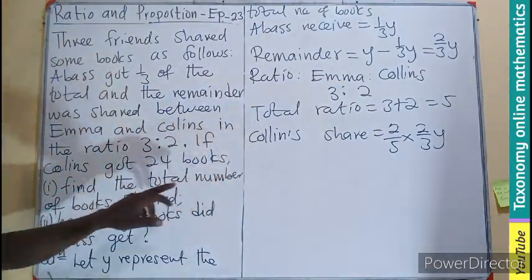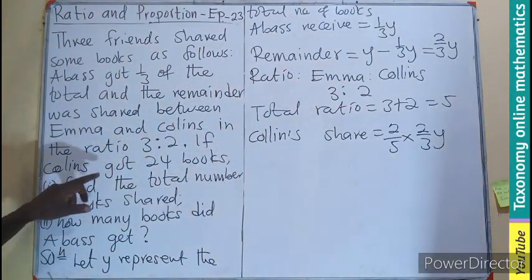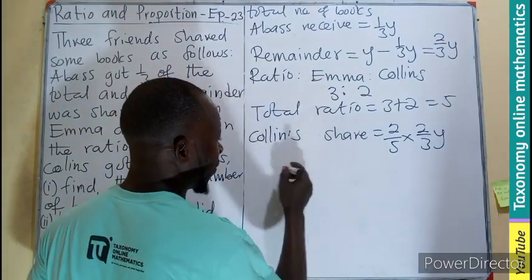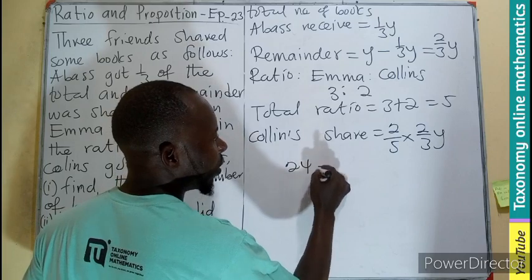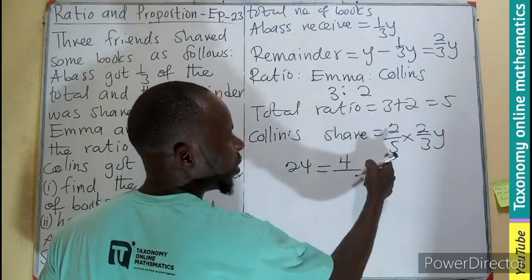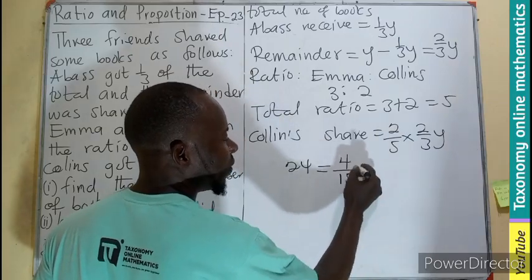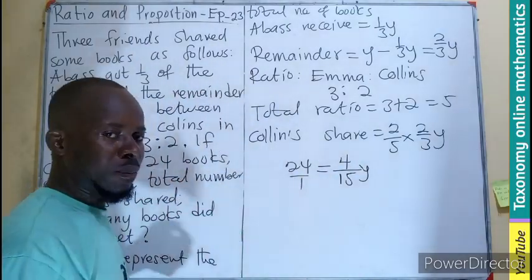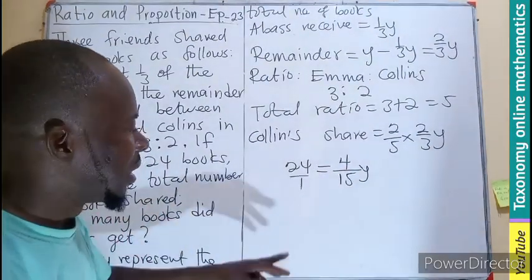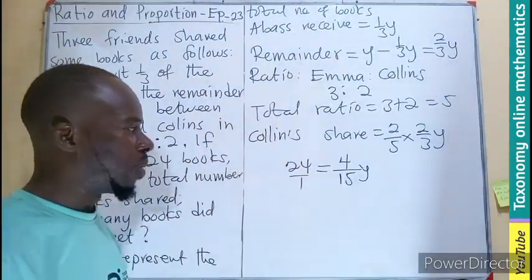Collins' share is given as 24, so in place of this we put 24 equals 2 times 2, which is 4, over 3 times 5, which is 15, times y. So y times 4 is 4y, and 24 will also multiply this.